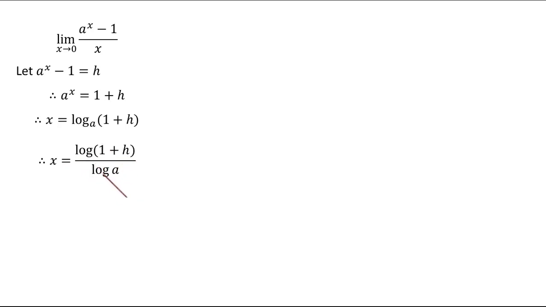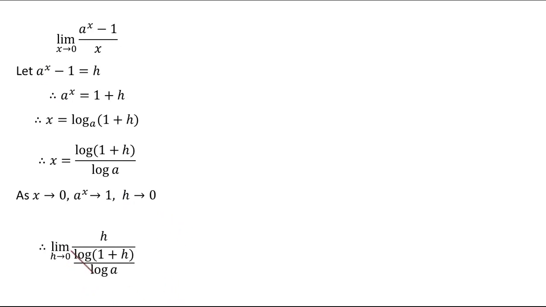Remember, right now, since we are writing without any base, we are assuming it to be a common logarithm. As x approaches 0 over here, a raised to x, or a raised to 0, will become closer and closer to 1. And if this becomes closer and closer to 1, h will become closer and closer to 0.